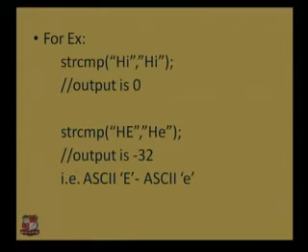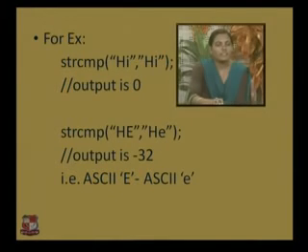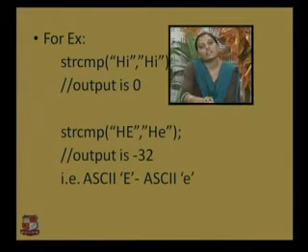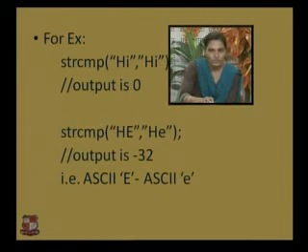Both are the same, so it gives the output 0 because the strings are the same. But if I take strcmp of a capital E and a small e, of course, strcmp is case sensitive, so the ASCII difference, which is -32, will be returned by this function. Okay.